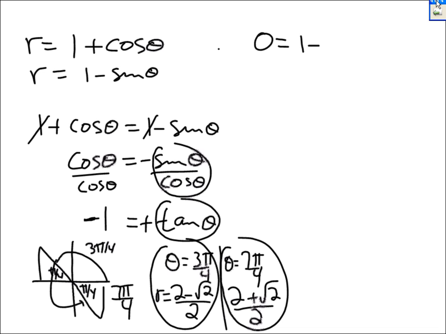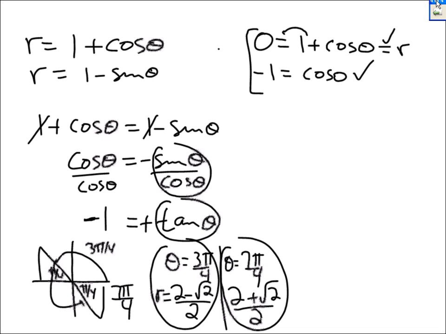R equals 1 plus cosine theta. Bring the 1 over, you get negative 1 equals cosine theta. Okay, that's okay. And the angle is pi, but we know it's going to exist. That is, r can equal 0.